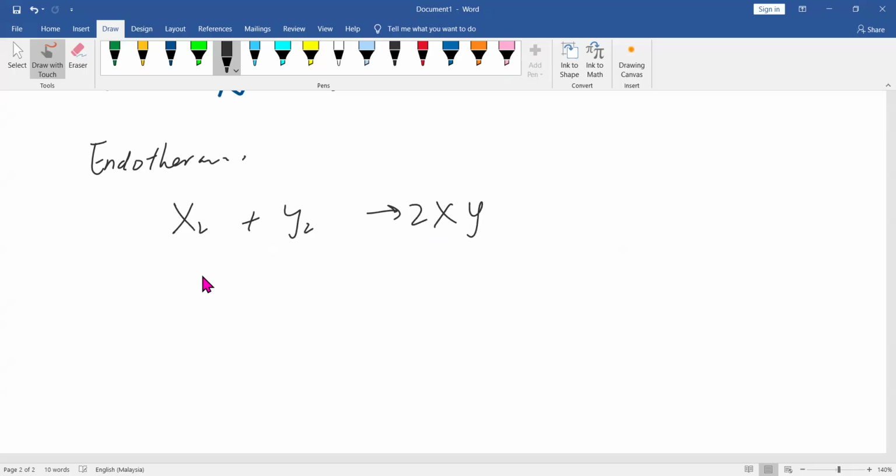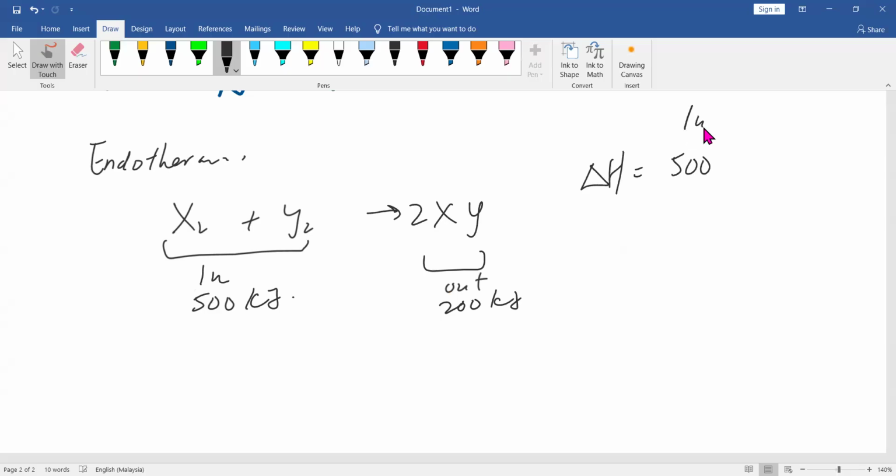Let's say 500 kilojoules in to break the bonds, and then out is only 200 kilojoules. So the enthalpy change would be... it's always in minus out. It's always break bonds minus form bonds, 500 minus 200. So you must put positive 300 kilojoules. Okay, if they write kilojoules or kilojoules per mole, it's okay. So this reaction is endothermic.